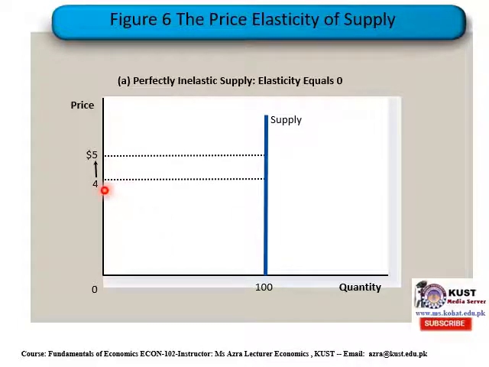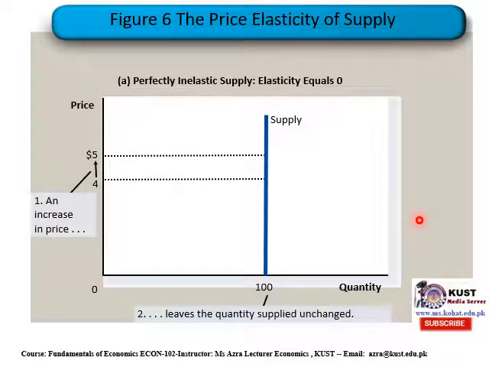Here you can see that if the price of any good increases from $4 to $5, supply will always be 100 units at the price of 4 as well as at the price of 5. Quantity supplied is constant here despite the increase in price.